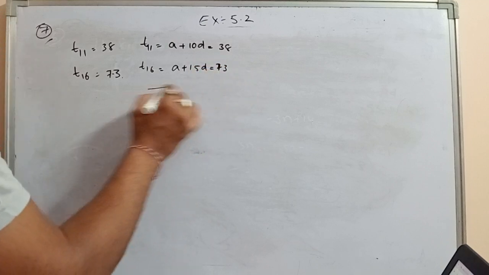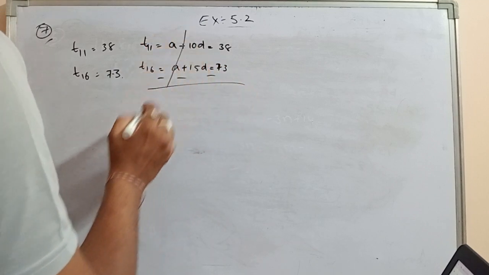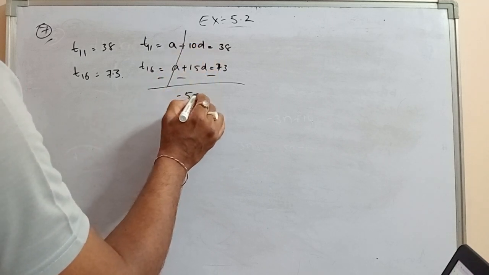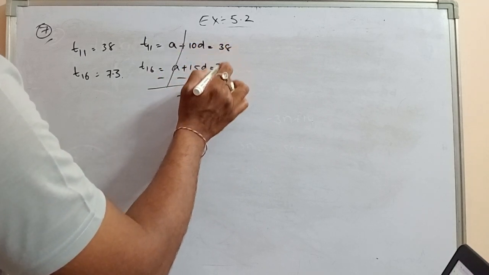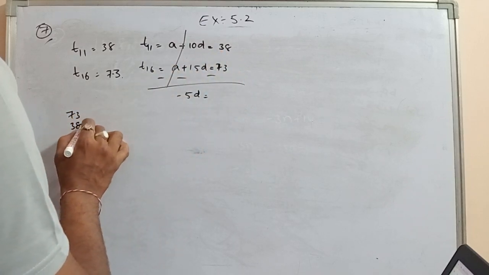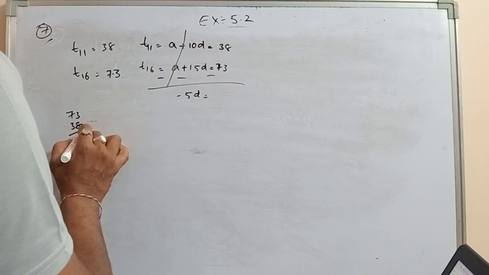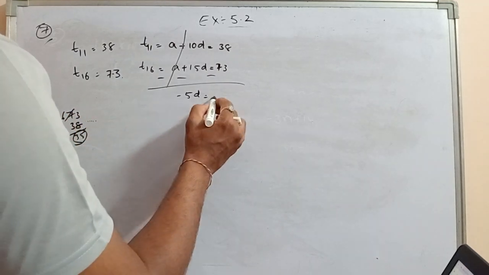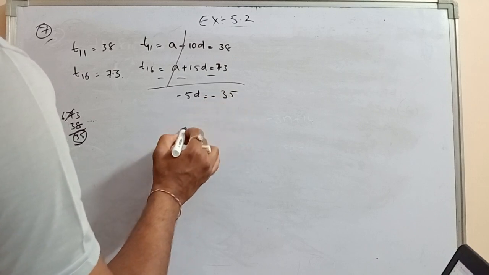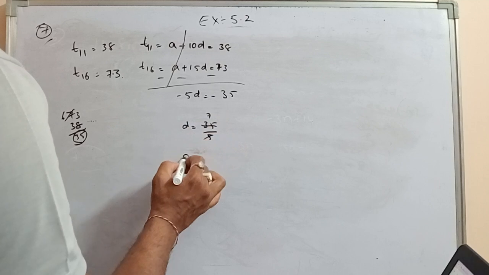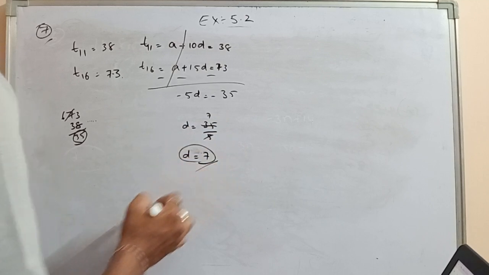By subtracting these two equations, a and a get cancelled, so 10d minus 15d is minus 5d equals 38 minus 73, which is minus 35. So the value of d will be 35 by 5, which is 7.